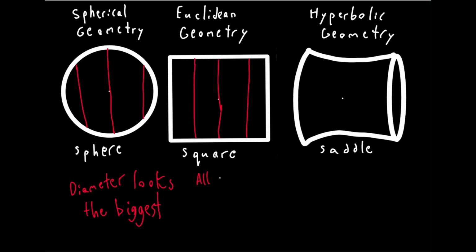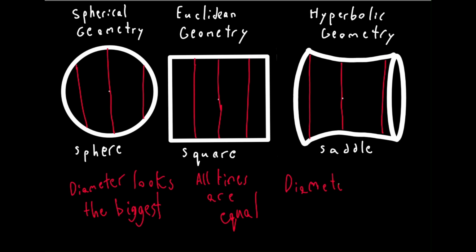All lines are equal. Now for hyperbolic. The diameter looks the smallest.